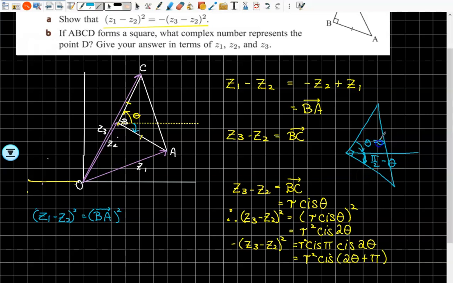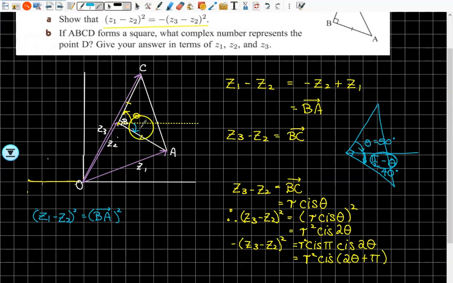In fact, let's say if that was 40, that would mean this whole thing here was 50, sorry, that would mean here it's 40 degrees, agreed? But what does the argument become? Do you remember? Because we're going underneath, we're going clockwise, that has to be negative of that angle.